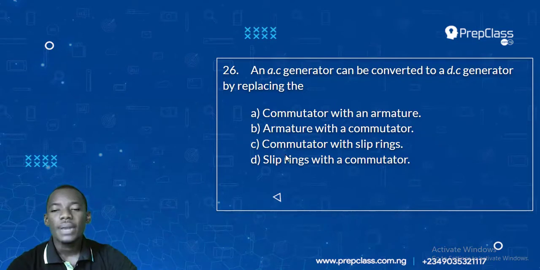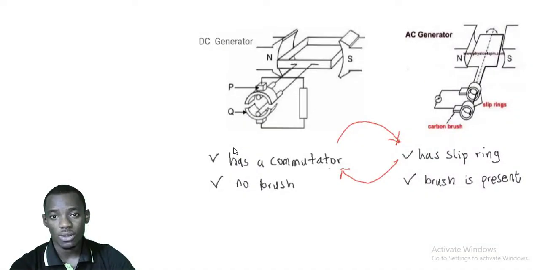First of all, let's define what a generator is. A generator is that which converts mechanical energy to electrical energy. The opposite of a generator is that which converts electrical energy to mechanical energy, and that is a motor, an electric motor.